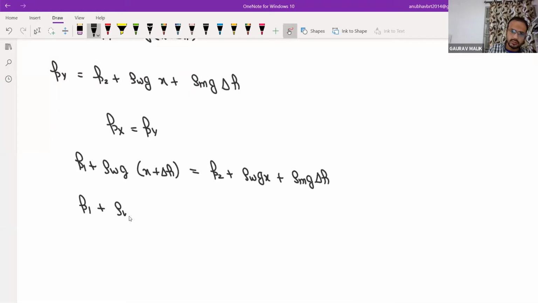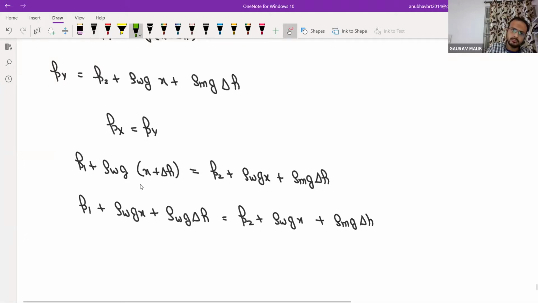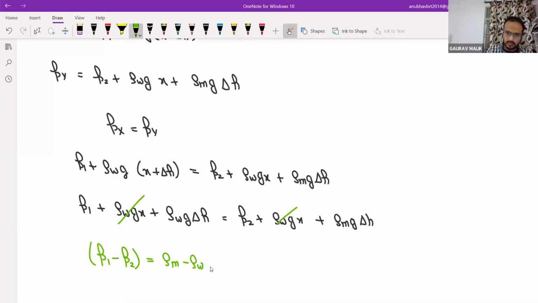P1 plus rho W g x plus rho W g delta h equals P2 plus rho W g x plus rho m g delta h. So P1 minus P2 is equal to rho m minus rho W, g delta h.